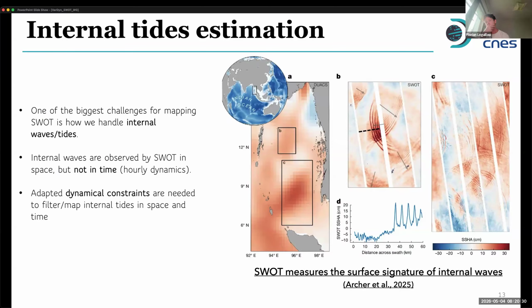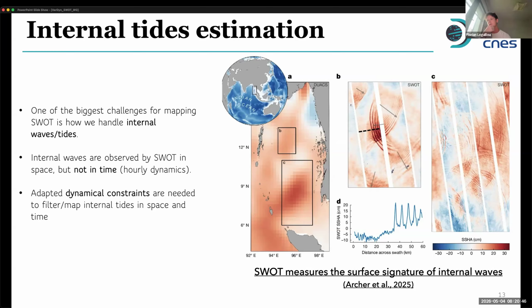You might know that SWOT observes internal tides and internal waves in a more general context, and this is really a challenge. It's super interesting for many scientific studies.